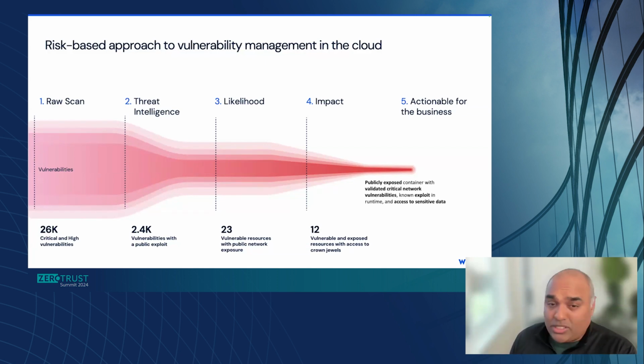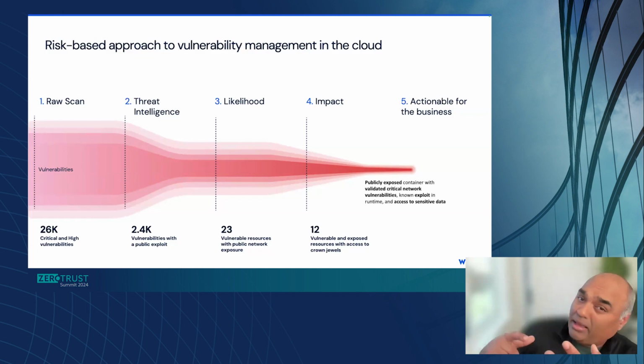And this is where layering on threat intelligence to see which vulnerabilities have a public exploit, and understanding public network exposure, so that you can identify the likelihood that something is likely to be attacked inside of your environment, and understanding the impact as well as the action for the business from that vulnerability becomes very, very critical, right?